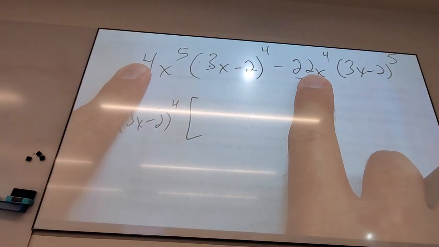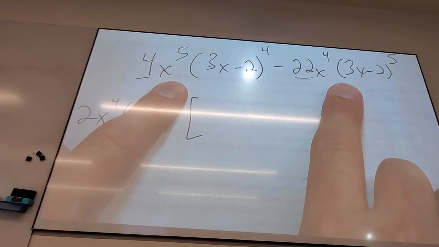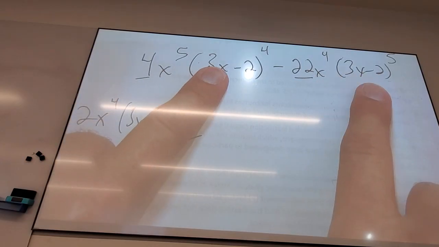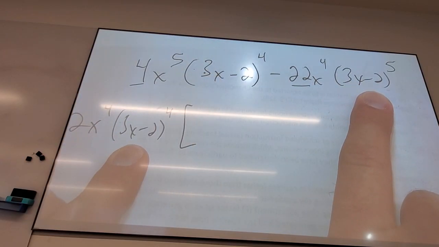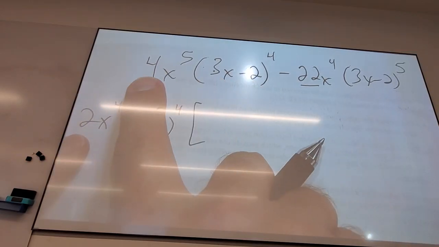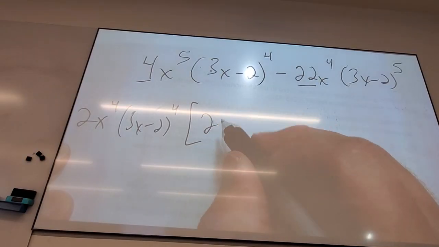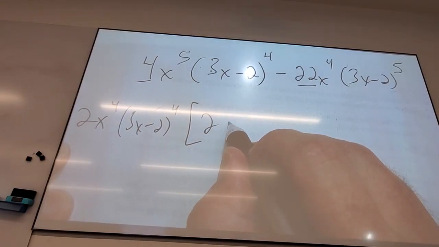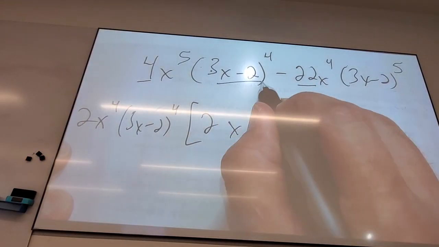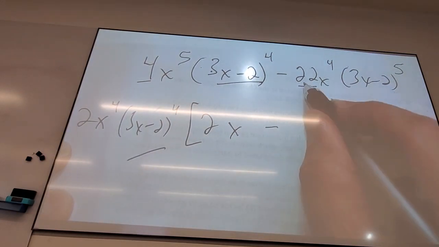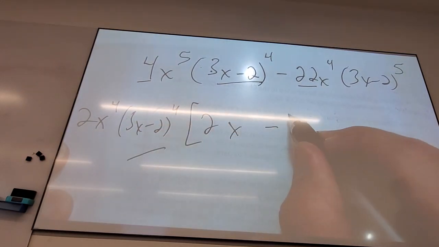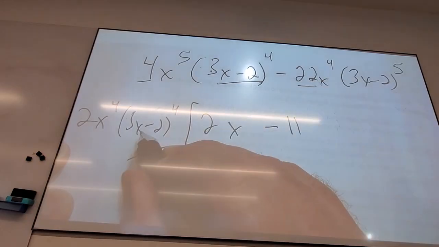So definitely the number's easy. 2 comes out of those. What's the smaller power in the x's? 4. What's the smaller power in the 3x minus 2's? 4. So now you look at each piece. I had 4 divided by 2. I had 5 x's. I took 4, so 1 left. And then I had 4 of these and I took them. All minus 22 divided by 2. Had 4 x's. Took them all.